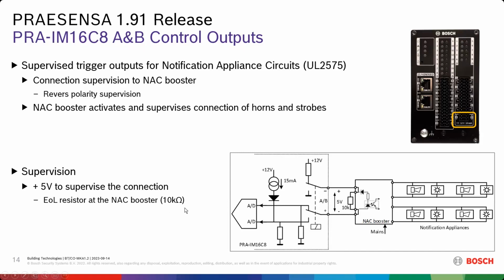So we are using a 10 kilo ohm resistor, which needs to be placed between the connections of the booster. When you are in an active mode, then there is this minus 12 volt available from the module to be inserted into the NAC booster to activate this opto coupler, to activate the booster and to trigger it. So you cannot have them both at the same time. It's either an active booster here, or it is in a supervision mode.